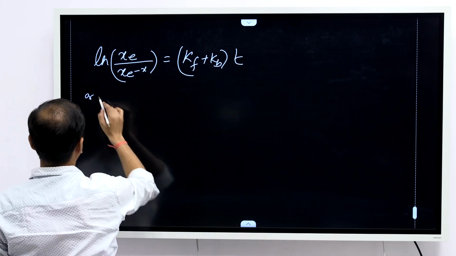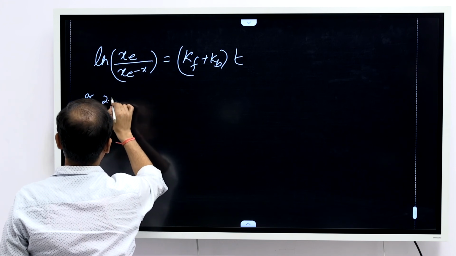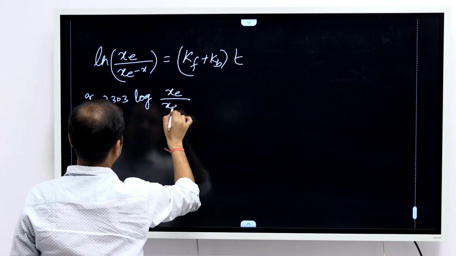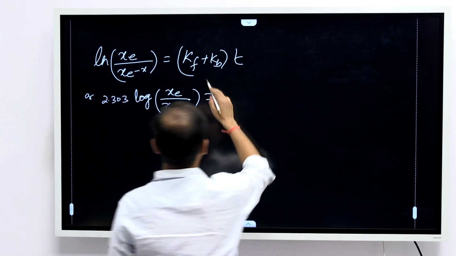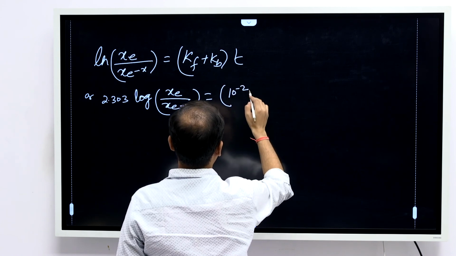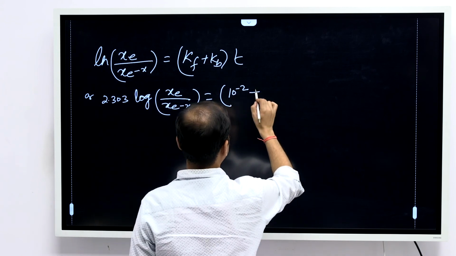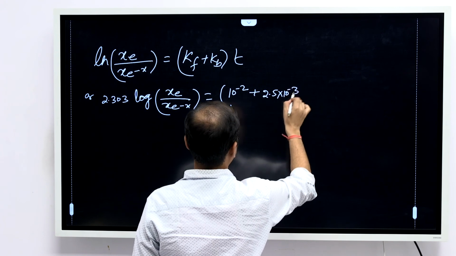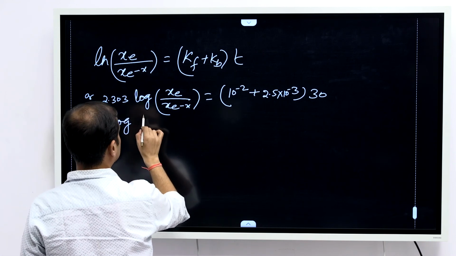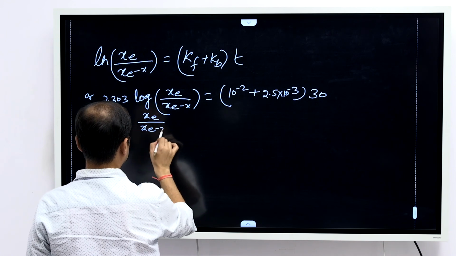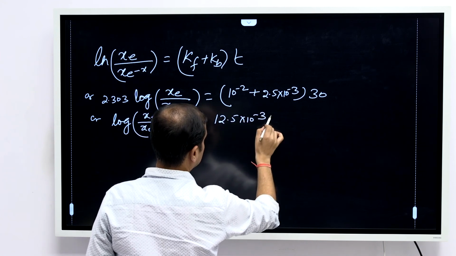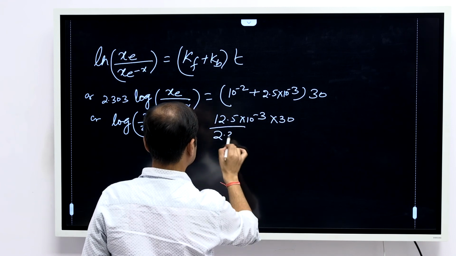So here we will say 2.303 log of Xe upon (Xe minus X) is equal to Kf, which is 0.01, we can write as 10 to the power minus 2, plus 2.5 into 10 to the power minus 3, into 30, or log of Xe by (Xe minus X) is equal to 12.5 into 10 to the power minus 3 into 30 divided by 2.303.